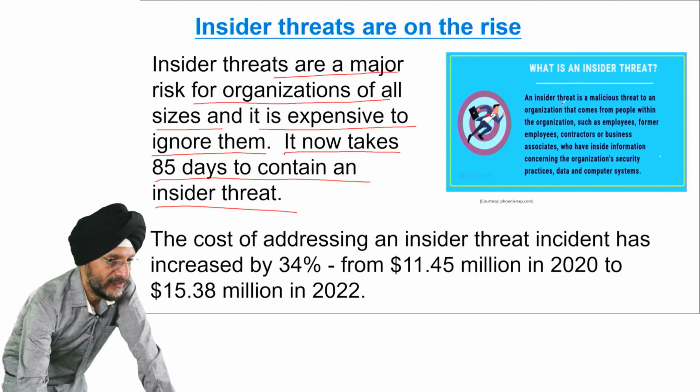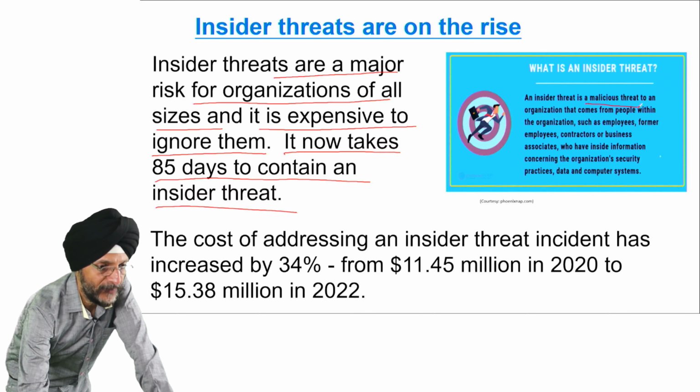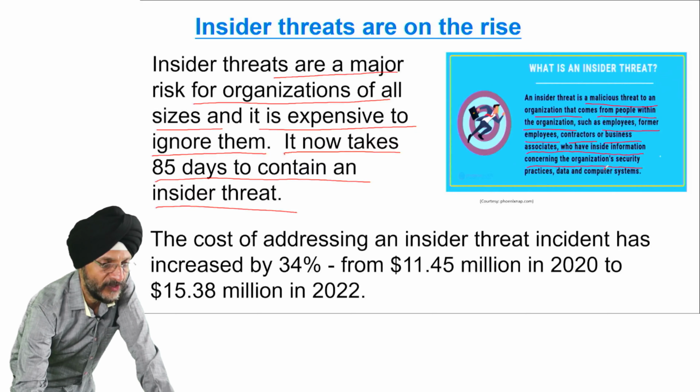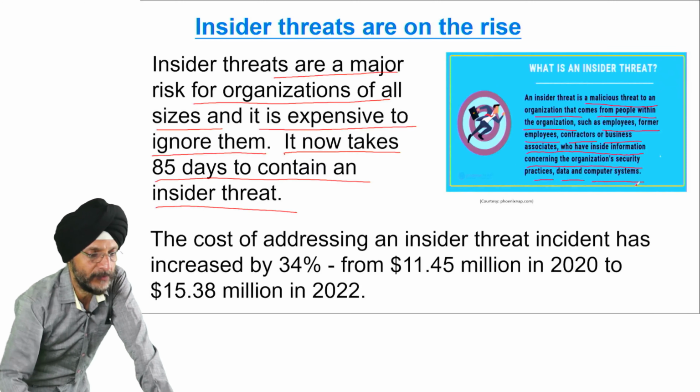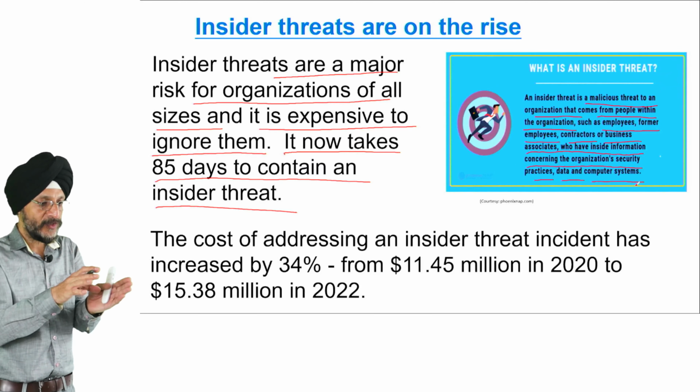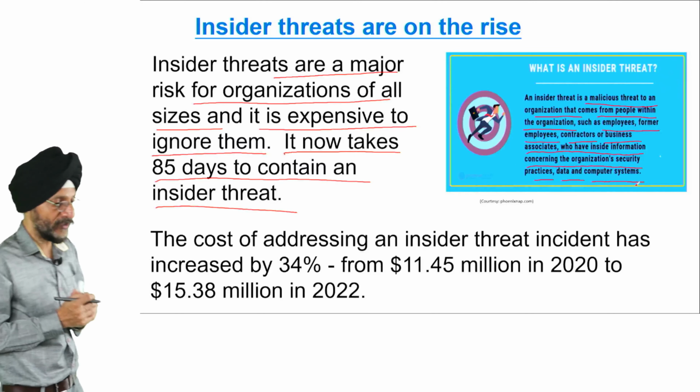Now, what is insider threat? Insider threat is a malicious threat to an organization that comes from people within the organization, such as employees, former employees, contractors, business associates, who have inside information concerning the organization's security practices, data, and computer systems, and also have access to the computer systems.